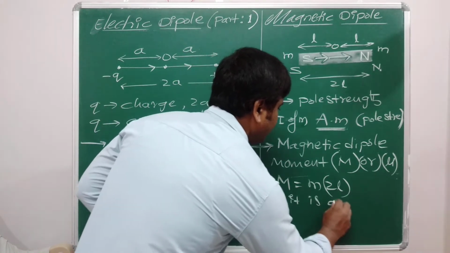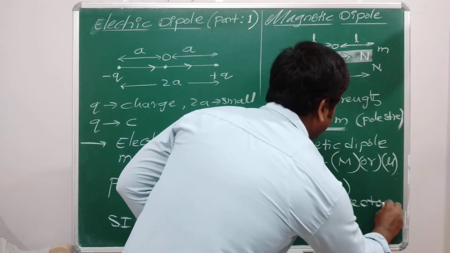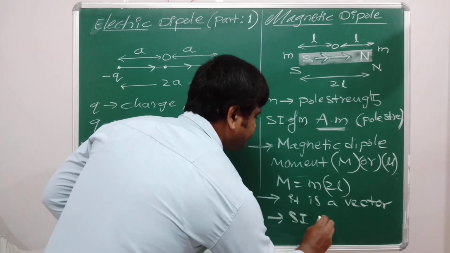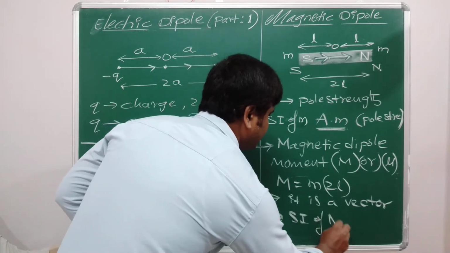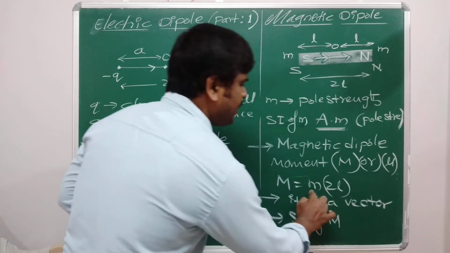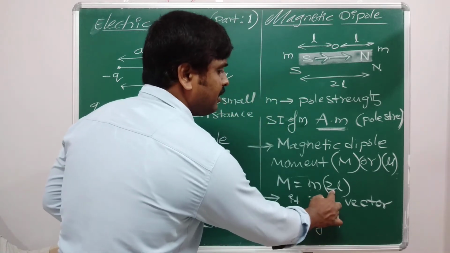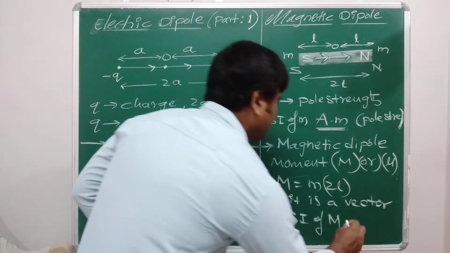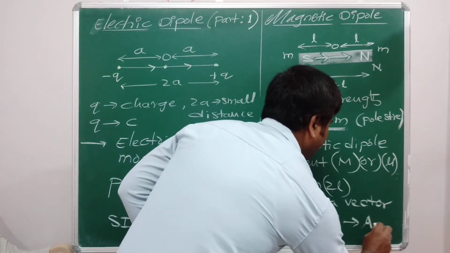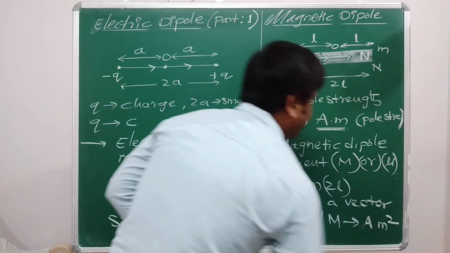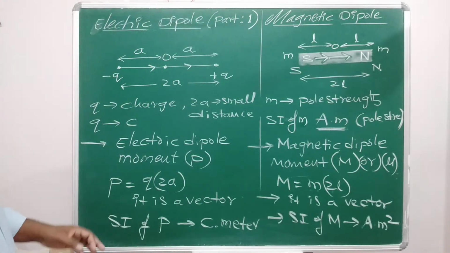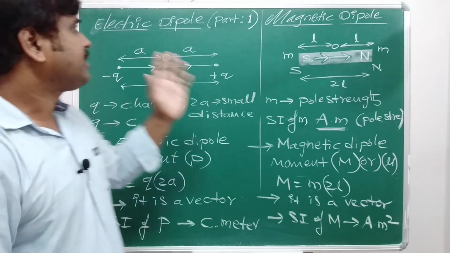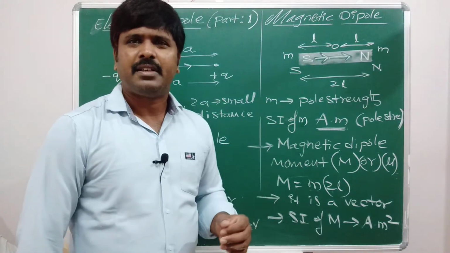The SI unit of capital M: small m is ampere meter and length is meter, so the SI unit is ampere meter square. So this is the difference between the electric dipole and magnetic dipole.